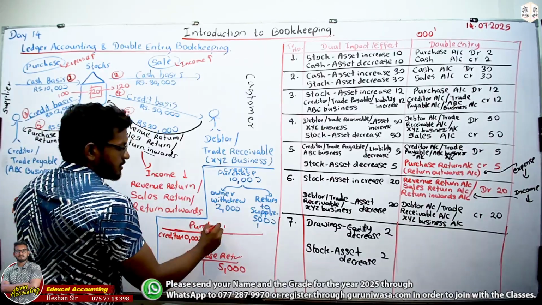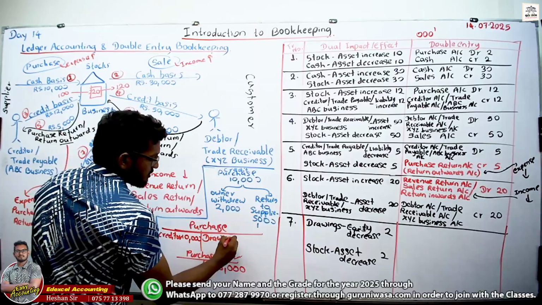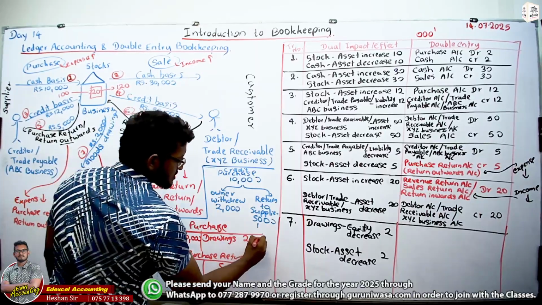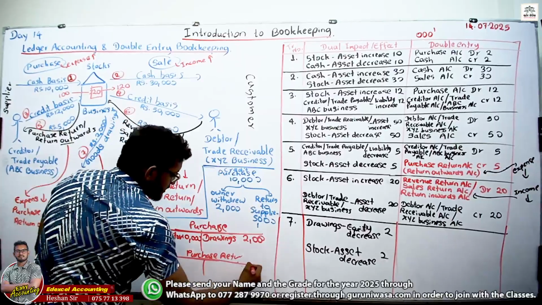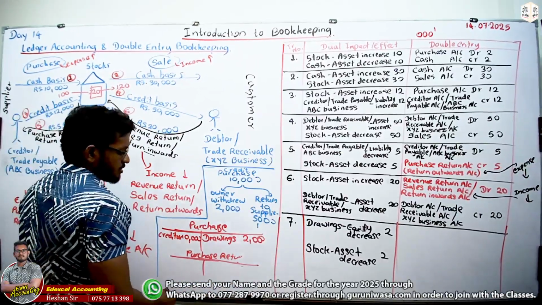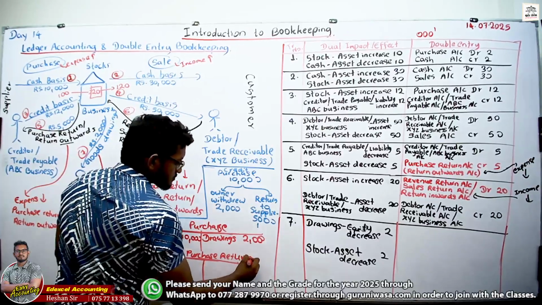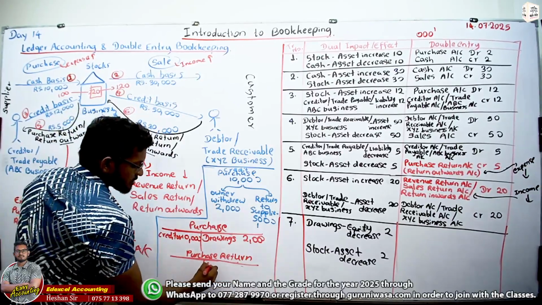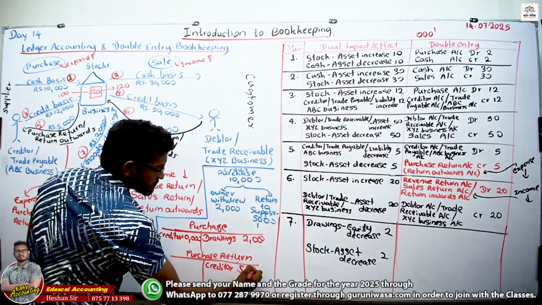When the owner withdrew it, we debit to the drawings account and we credit to the purchase account. But when we return it to the supplier, instead of crediting to the purchase account, we credit to the purchase return account. As we debit to the creditor account 5,000.